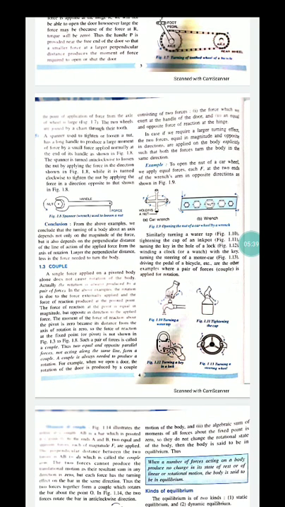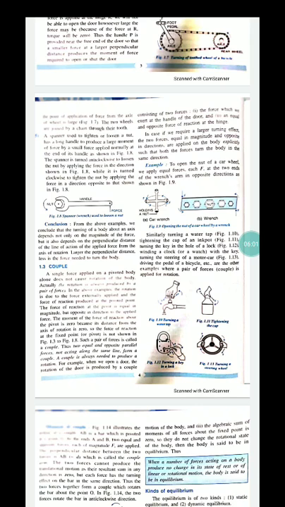The SI unit of couple is Newton meter. The gravitational unit of couple is kilogram force into meter, that is kgf meter. The CGS unit of couple is dyne centimeter. The gravitational CGS unit of the couple is gf centimeter.